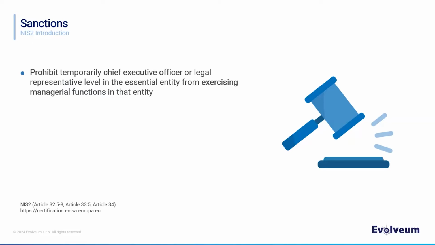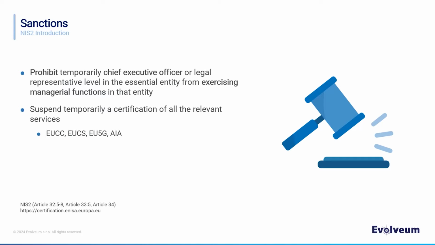And this will be similar for important entities. So this is quite a huge thing, because they will have to follow NIS2, otherwise they may be temporarily prohibited from performing their function. The other sanction is to temporarily suspend certification of all the relevant services.